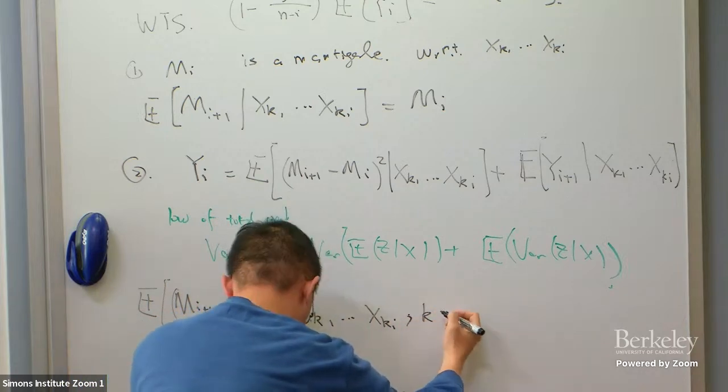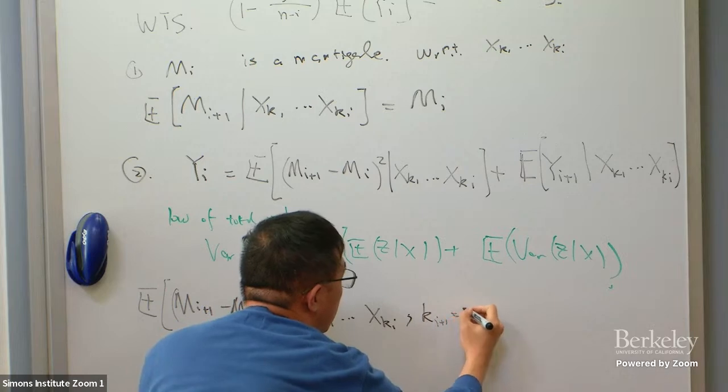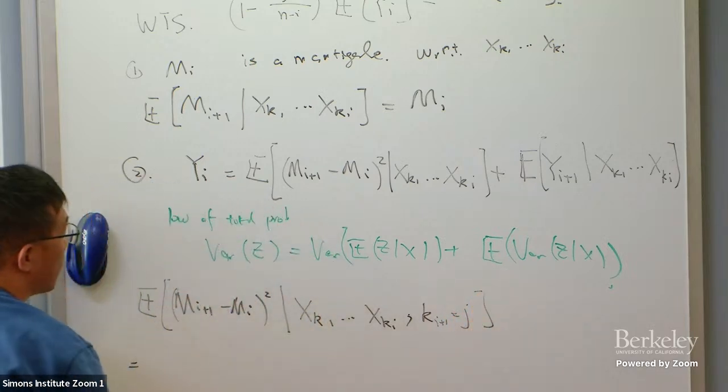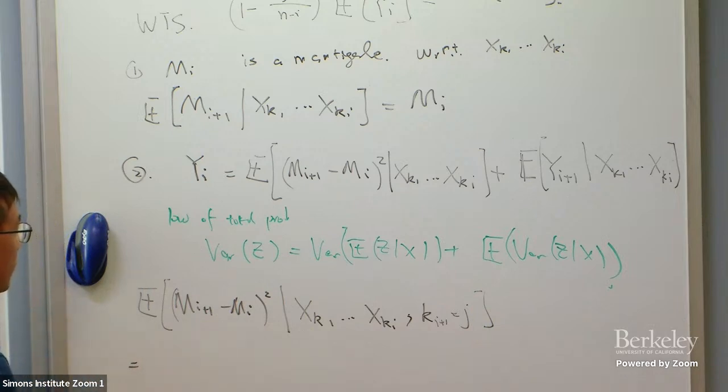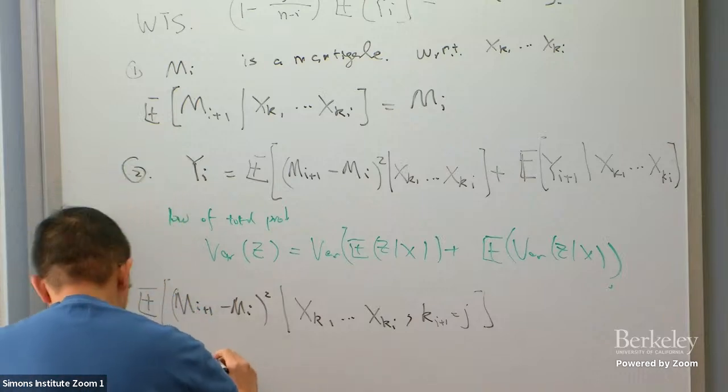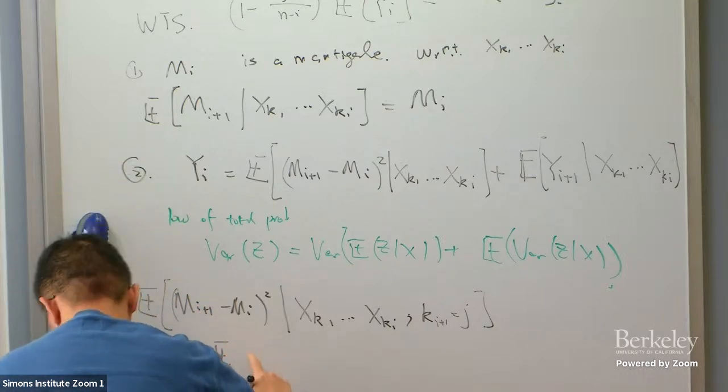Conditional on xki plus 1 equals the j-th coordinate, the calculation is a little bit tedious. I'm going to just show you the result, but everything should be mechanical.